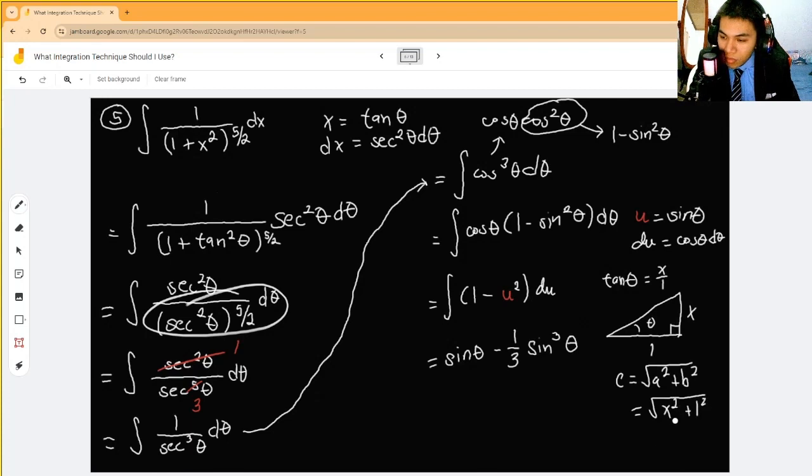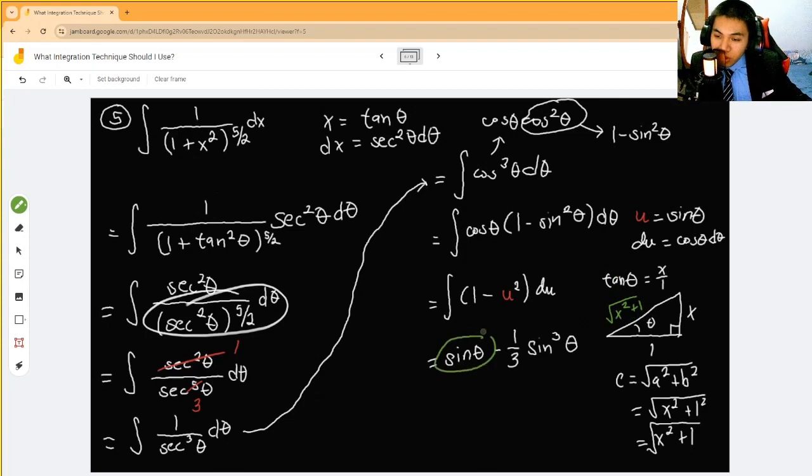This will simply be x squared plus 1. Don't forget the square root. So this is our hypotenuse, square root of x squared plus 1. And we can now substitute that for these values right here. Alright? Okay, here we go.